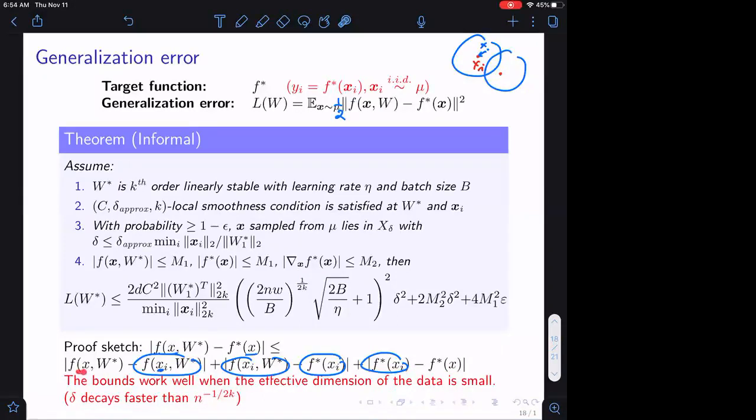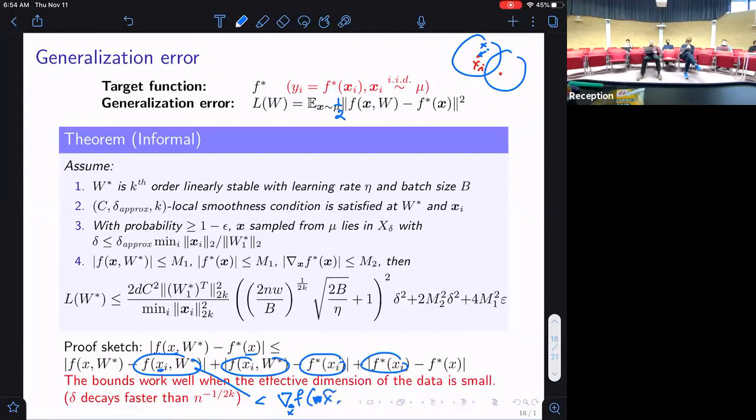Now, finally, let's look at the first term. It involves my model function at my W star. But when x and xi are close, this term itself can be bounded by the gradient of f at some point between x and xi, let's call it x theta, at my W star.